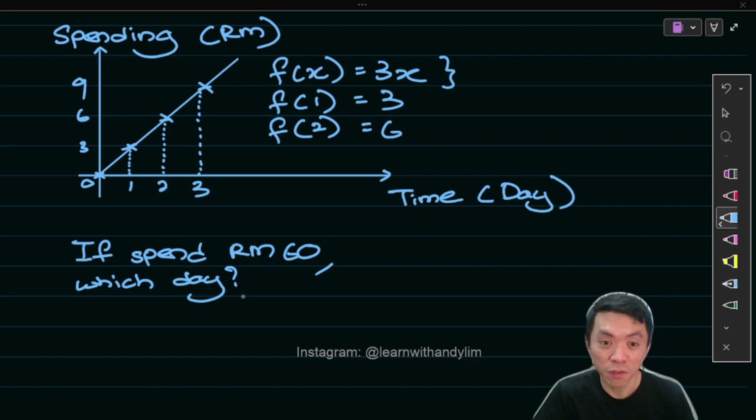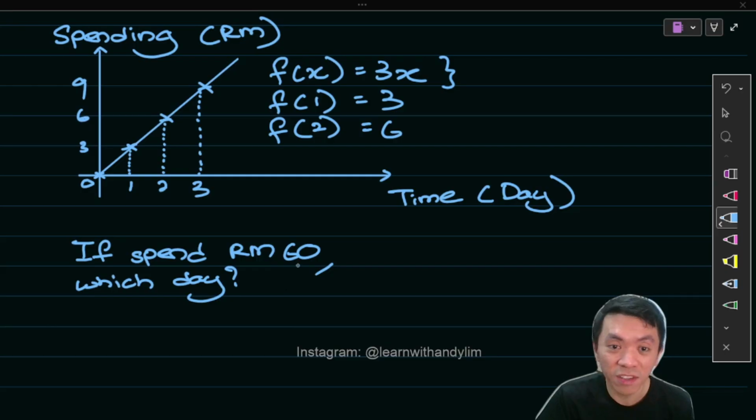Of course, some of you might say, oh, this is easy, just divide 60 by 3. What if the function is a more complex function? It will not be as straightforward by just dividing by 3.